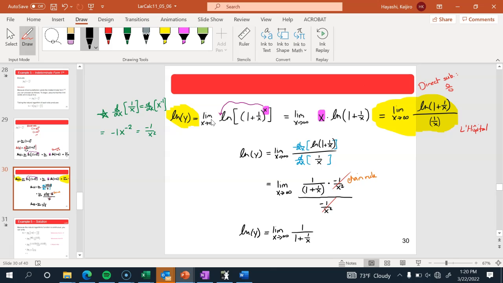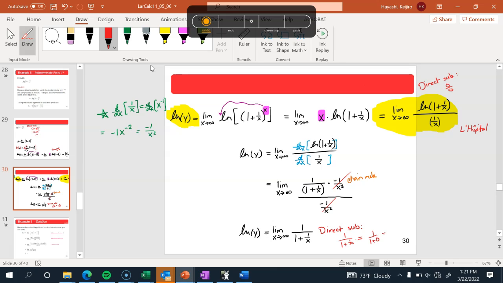And if you directly substitute at this point, throw infinity into here, 1 over infinity is nothing, and you'll be left with 1 over 1. So this equals 1.